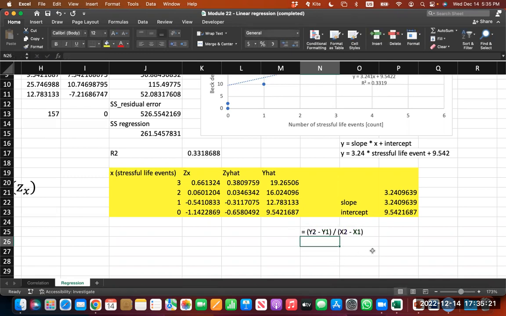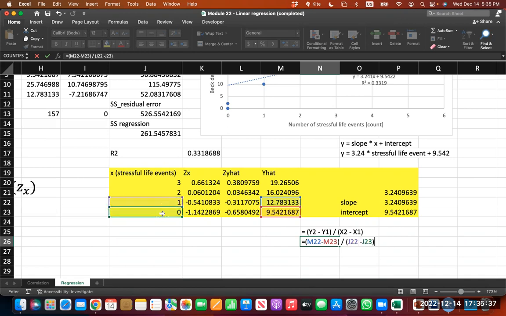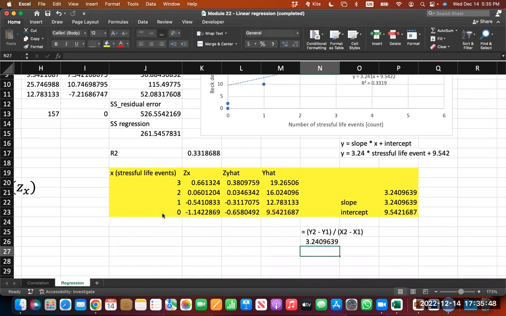For example, if you would do this now with, let's say, y2 is now 12 minus 9.5, divided by 1 minus 0. And that's exactly what we have found here, just calculating the difference between this and this. So this difference is essentially your estimation. This is just the mathematical derivation of this.